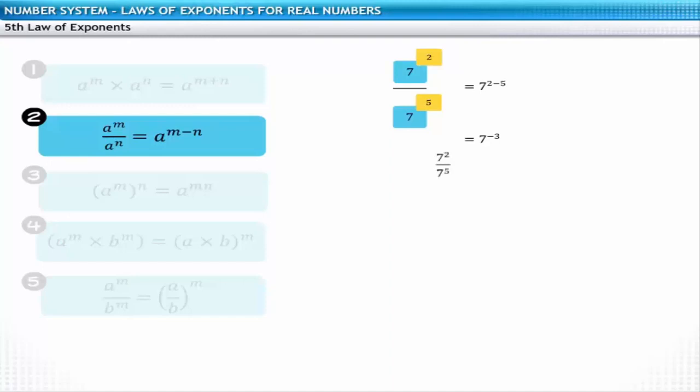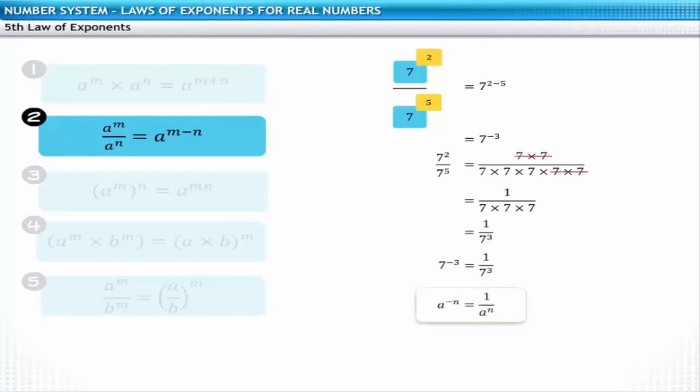This can also be simplified as follows. On equating both the solutions, we get the following result. With this, we arrive at another important generalization. Any real number raised to a negative exponent is equal to the reciprocal of that number raised to an equivalent positive exponent.